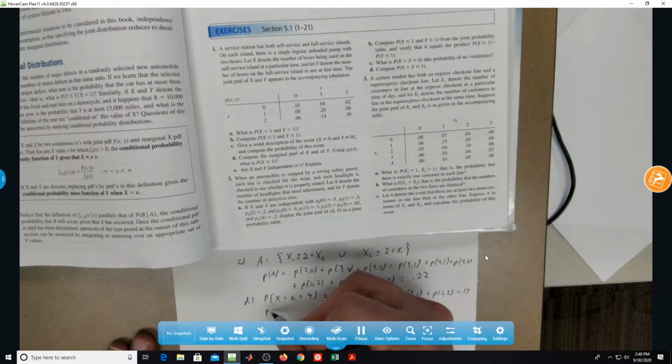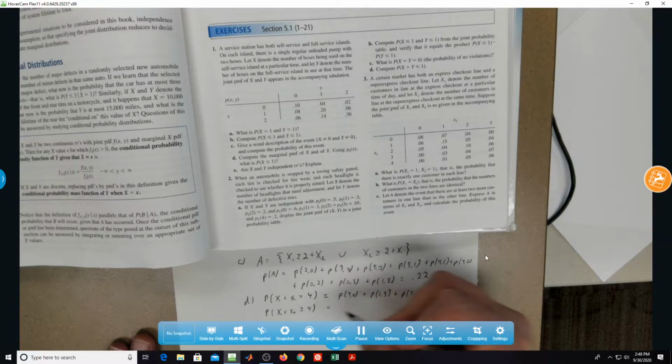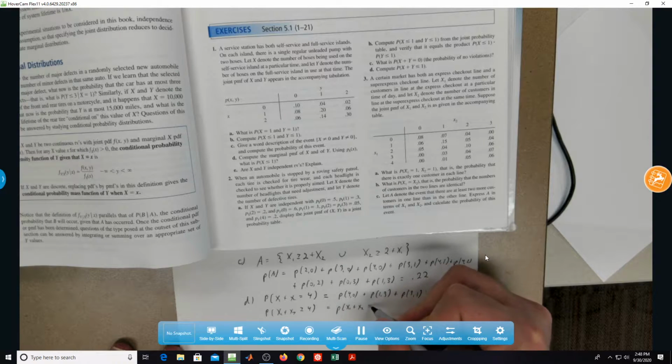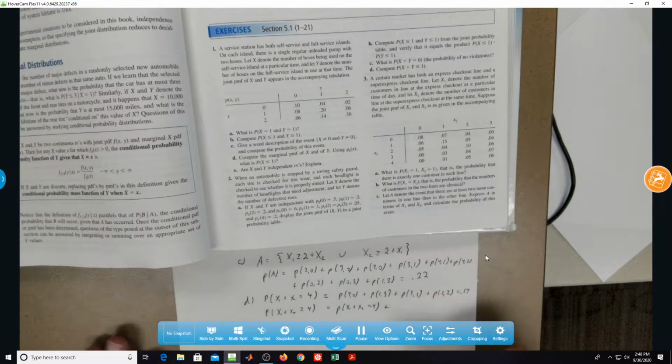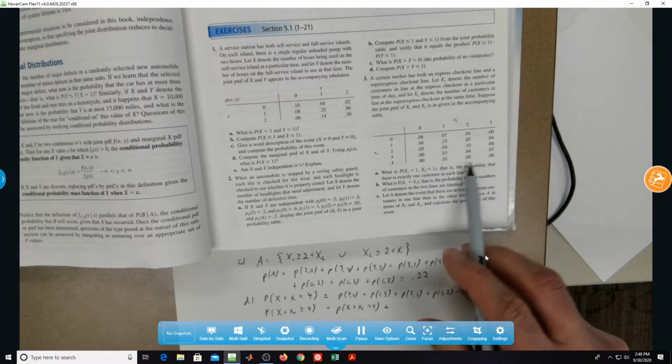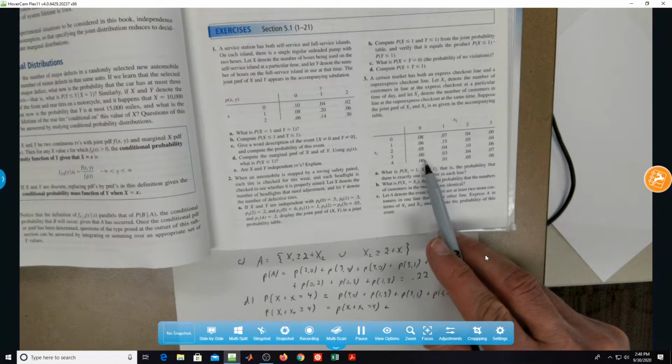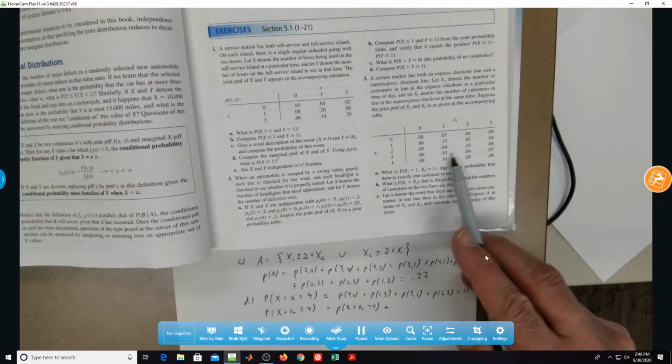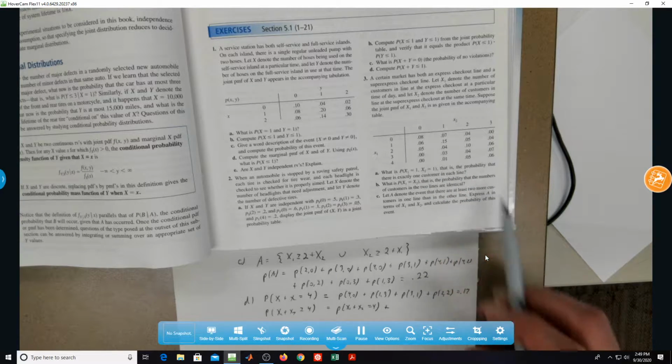So let's find the probability that x1 plus x2 is greater than or equal to 4. Well, that's the probability of x1 plus x2 equal to 4 plus, so let's see, we go down this subdiagonal. So we would add in all of these on this subdiagonal plus everything below it.